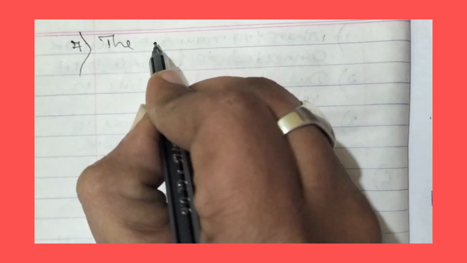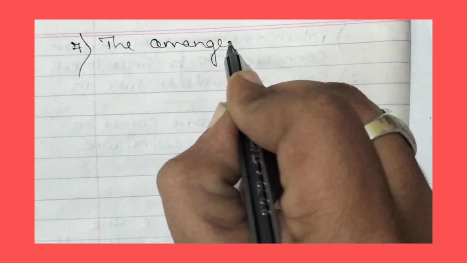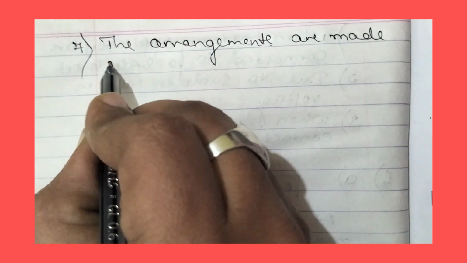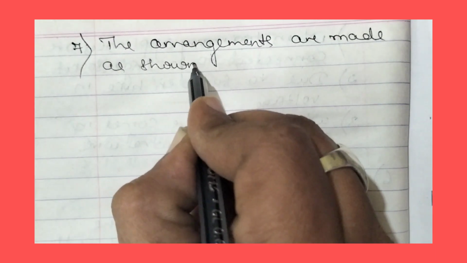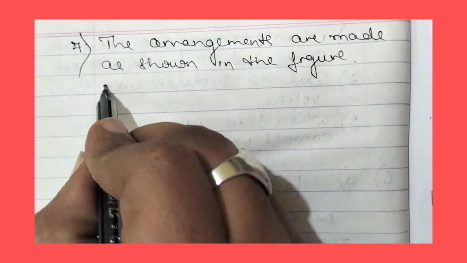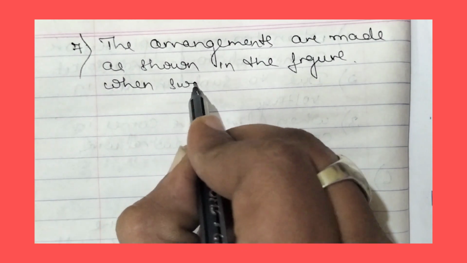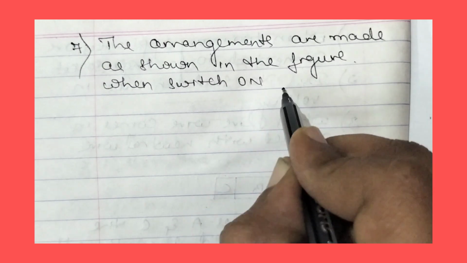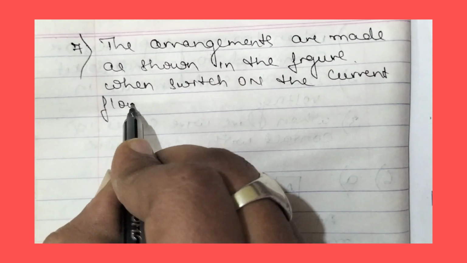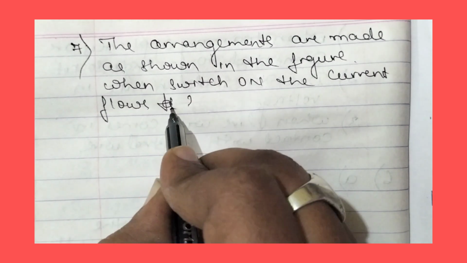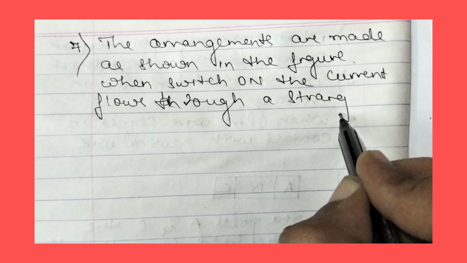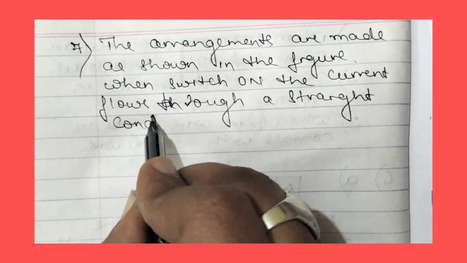So the arrangements are made as shown in the figure. When the switch is on, the current flows through a straight conductor XY.